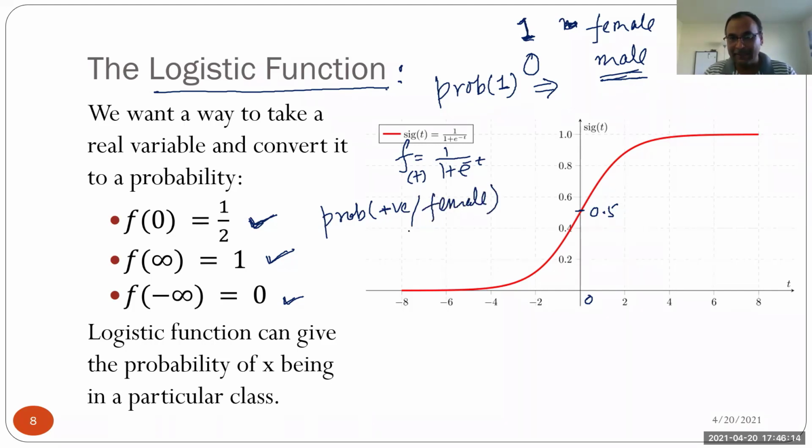Is that making sense? Whenever we have to map some real value to a probability between 0 and 1, the logistic function is a perfect choice. That's the reason the logistic function is used in logistic regression.